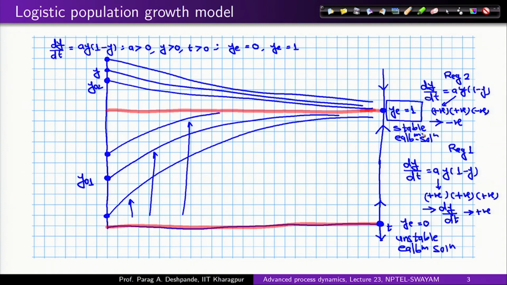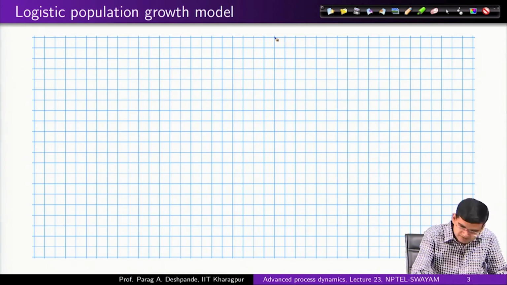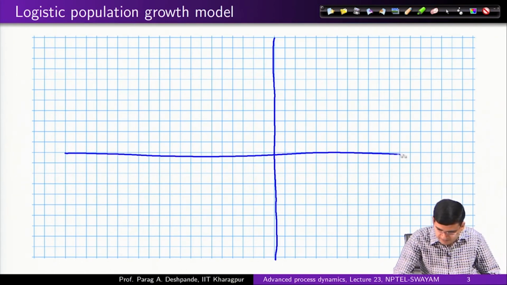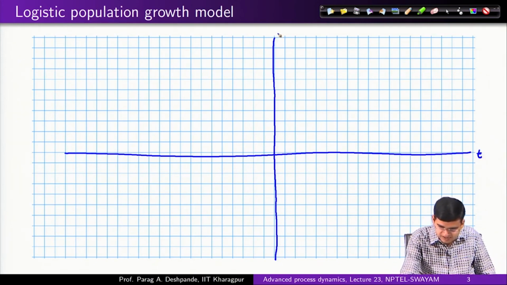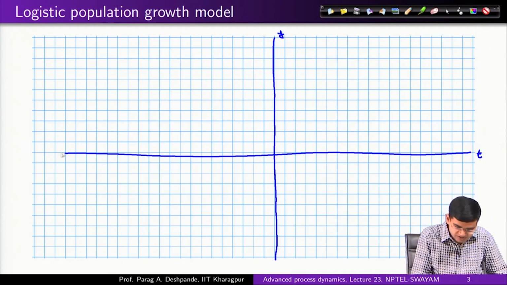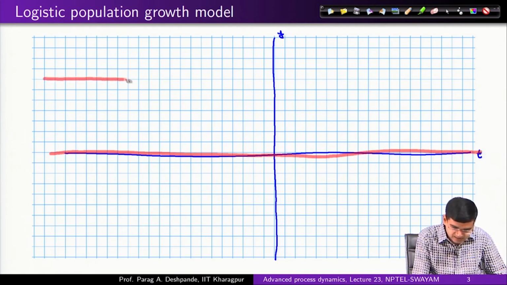And now, again for the sake of mathematical completeness, what I can do is draw this complete phase portrait. Okay. So, this is t, this is y. I have two equilibrium solutions. This entire line is a solution, this entire line is a solution.